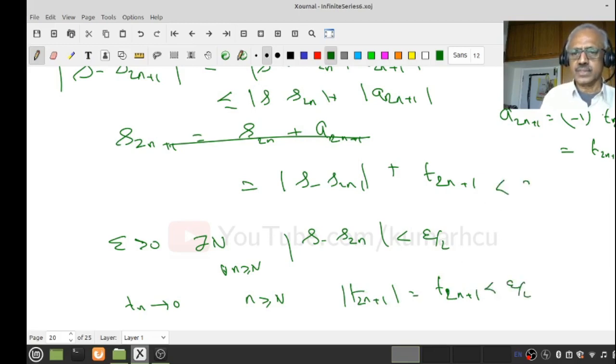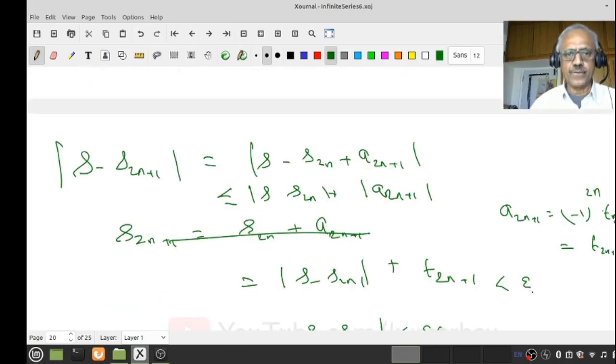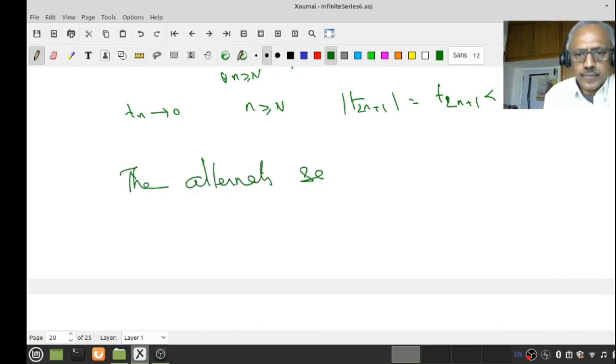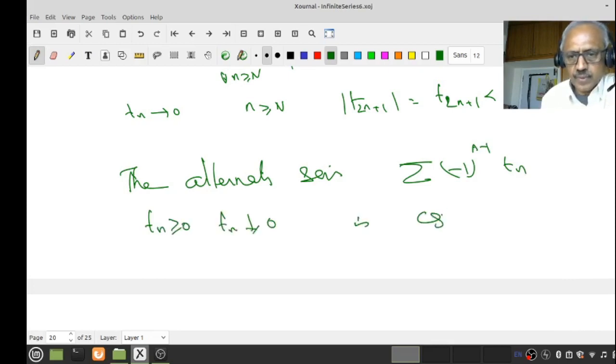Therefore, the whole thing is less than epsilon. So I have proved that the alternating series summation minus 1 to the power n minus 1 Tn, when the Tn's are positive and decreasing to 0, is convergent.